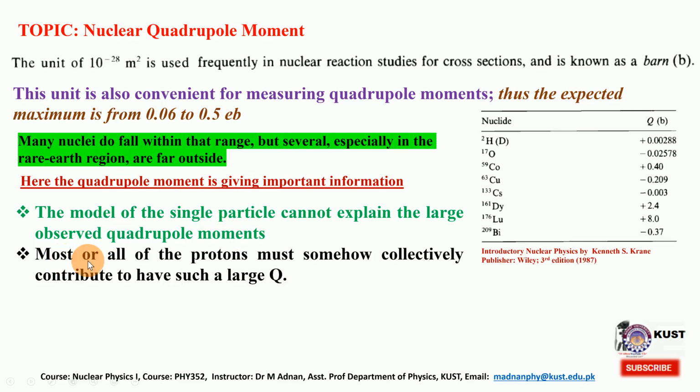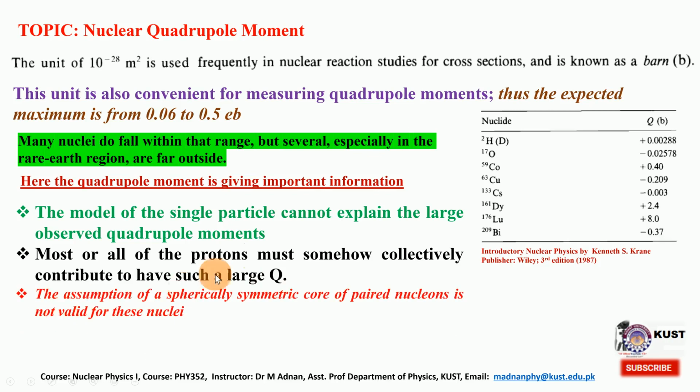So most or all of the protons must somehow collectively contribute to have such a large quadrupole moment. That is, once the number is large, it is not the valence, or unpaired, nucleons which give rise to this quadrupole moment, but they must somehow collectively contribute. That is, every nucleon contributes to such large Q values.